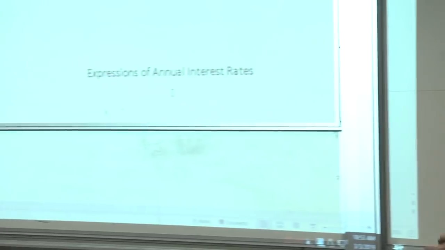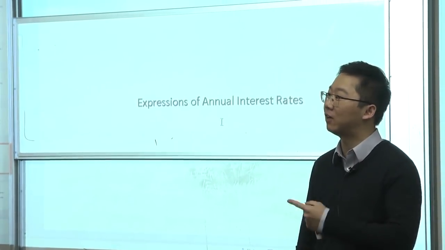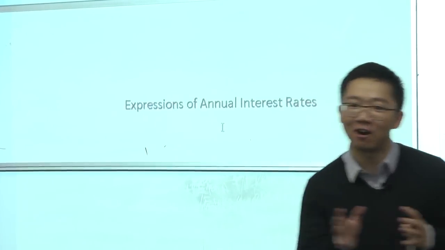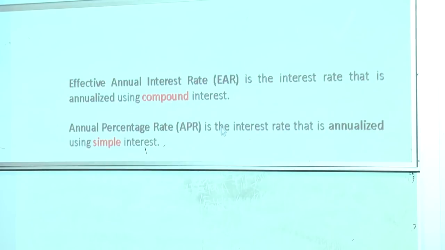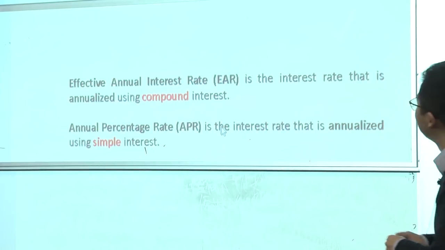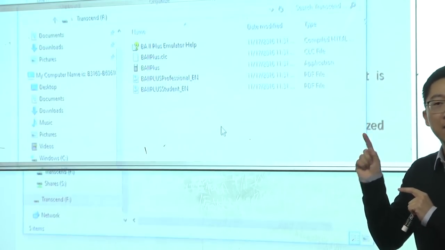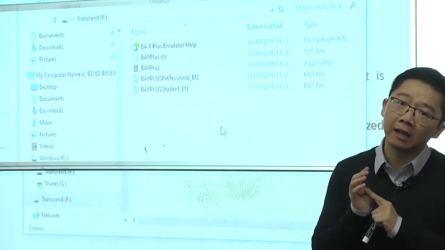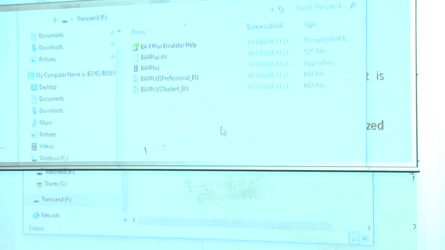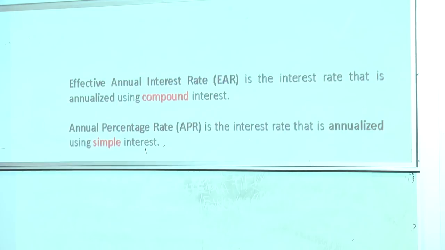Expression of interest rate. Now we are doing APR and EAR, right? You have already learned this, right? So EAR is the interest rate that is annualized using compounding interest. Both EAR and APR are annualized returns.